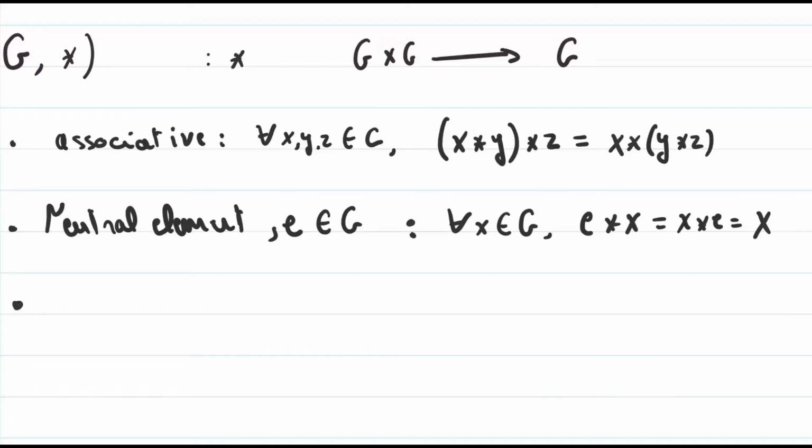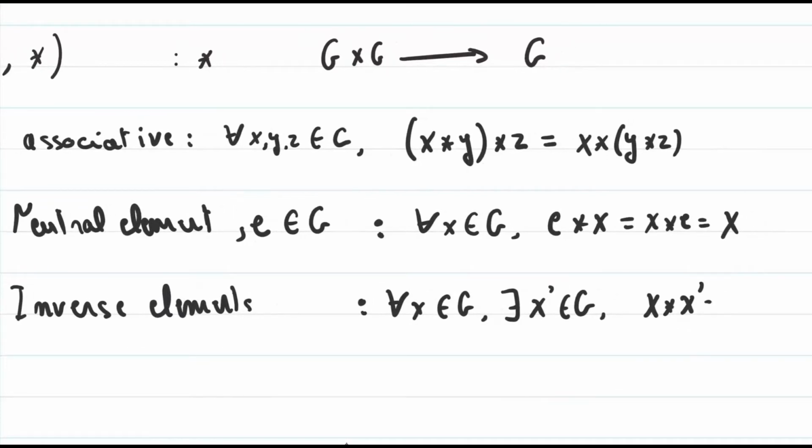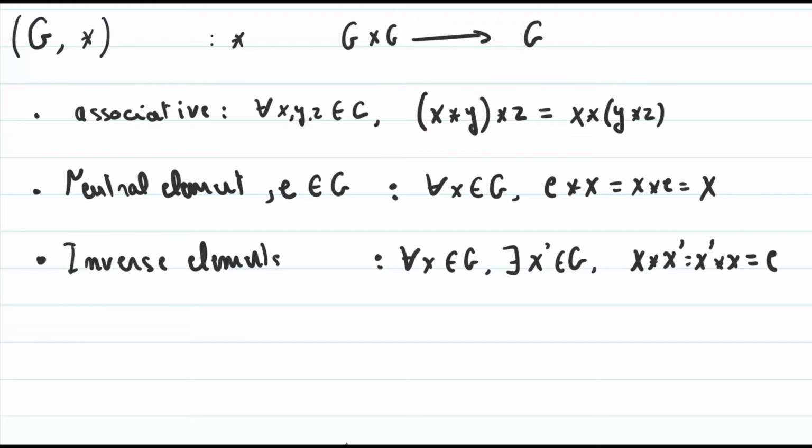The next property a group should have is the existence of inverse elements for each element. It says that for any x in G, I should have an x prime also in G, such that x star x prime equals x prime star x and equals the neutral element E. Like for example, think if G is R, the real numbers, and star is the sum, so the neutral element is 0, and the inverse of x is minus x.